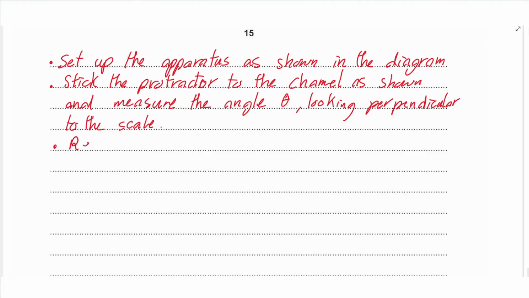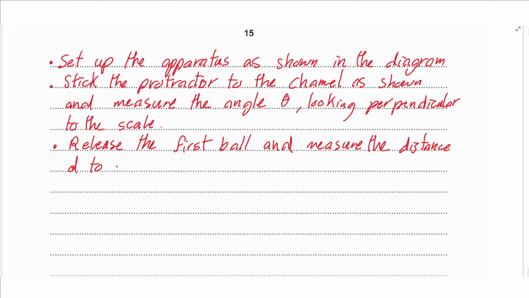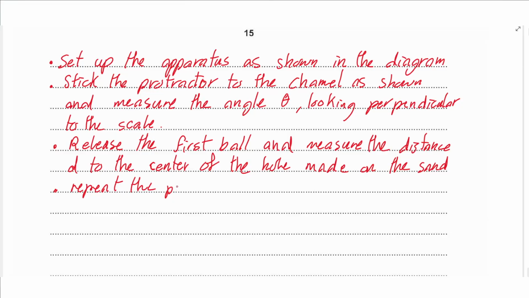Then we release the first ball and measure the distance D to the center of the hole made on the sand. And just for accuracy, we repeat the previous step to get an average distance, D average, for example. And technically, we just finished the experiment.